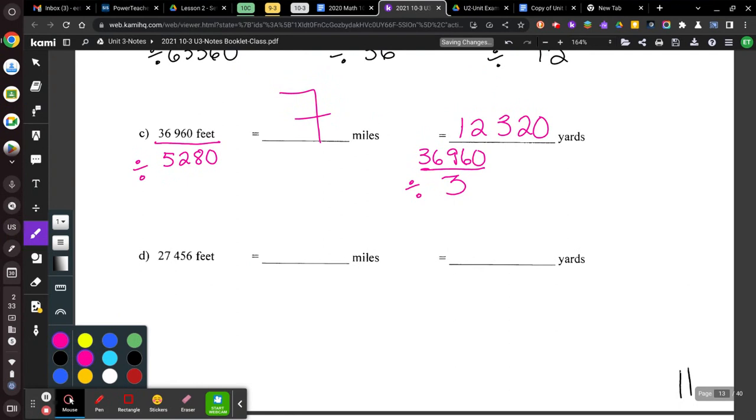Okay, now we want feet to miles. Same as we just did on the previous question. So dividing by 5,280, and then our original number, dividing by 3. Okay, let's figure those ones out. So again, these are conversions coming from our chart, and you have to know if you're going up or down the chart.